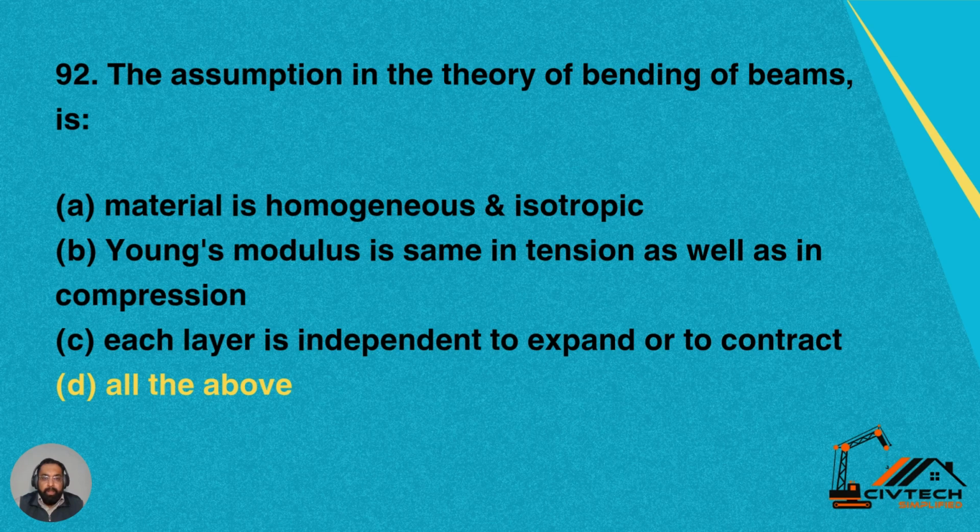Question 92. The assumption in the theory of bending of beams is. What is the assumption in the theory of bending of the beams? Option A, material is homogeneous and isotropic. Option B, Young's modulus is same in tension as well as in compression. Option C, each layer is independent to expand or to contract.